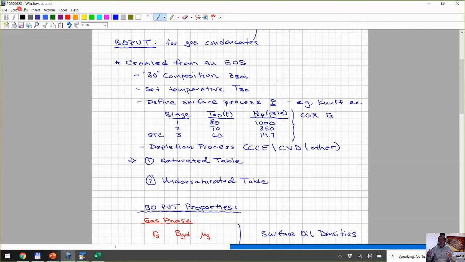So it can have a much bigger impact on the CGR; it is more dependent on this process for leaner condensates.